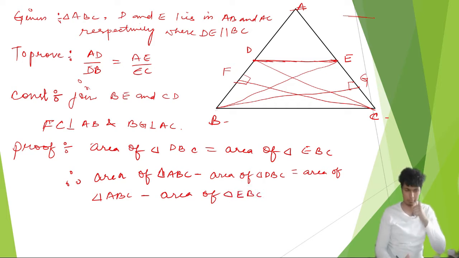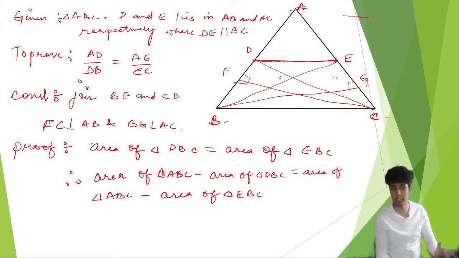So far clear. If you take the whole triangle and subtract this one, it must be equal to the whole triangle minus this other one. Simple, it is not that complicated. I think you can understand that also.